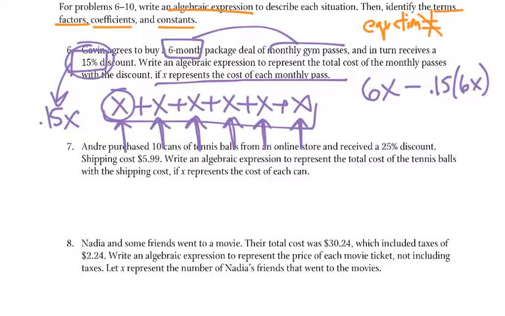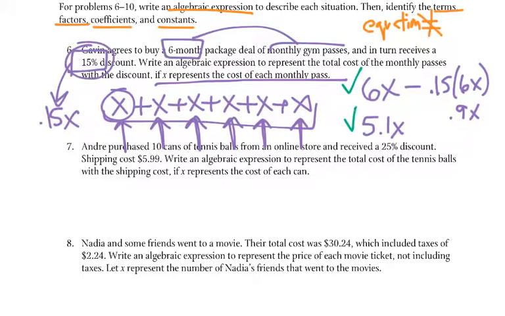So you'd probably want to get out a calculator and go 6 times 0.15. Let me grab out my calculator to see what we got. So that would end up at 0.9x. So 6x minus 0.9x would give us 5.1x. So this could be our expression, and we could leave it like that.